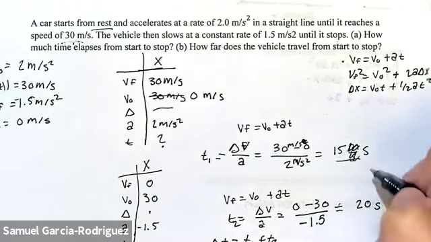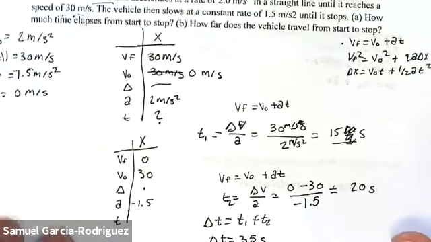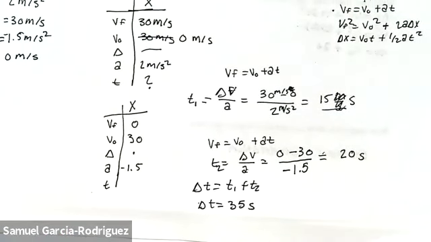The total time elapsed was 15 plus 20, 35 seconds. Does everything that I did make sense? Was there anything that doesn't make sense in my math? I don't see anything. Okay, looks like we're all good.